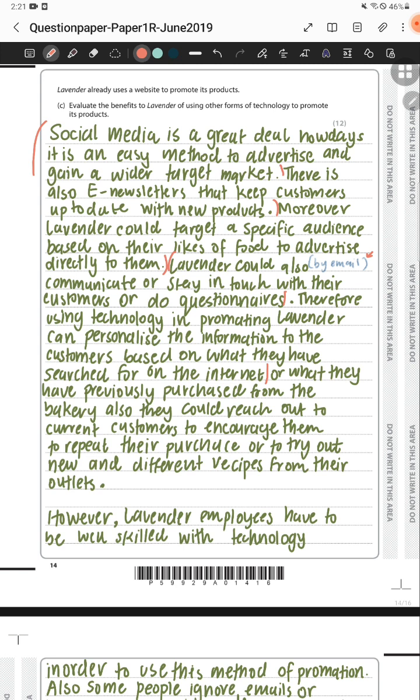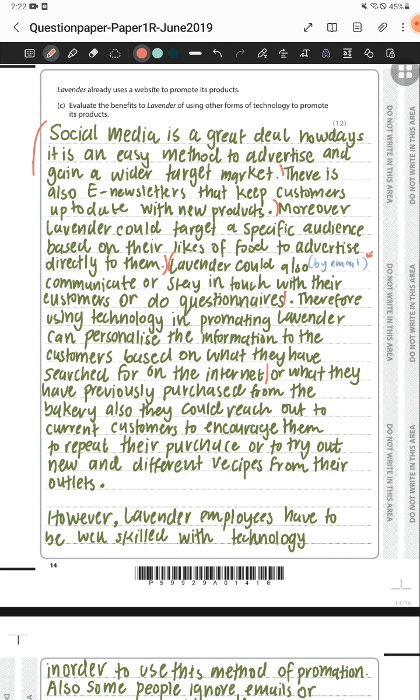Also, they could reach out to current customers to encourage them to repeat their purchase or to try out new and different recipes from their outlets. So basically, they will keep in touch with their customers and reach out to them to encourage them to buy their new products.